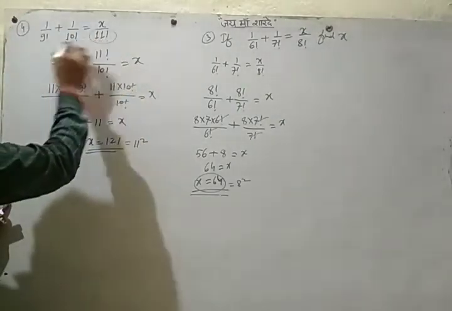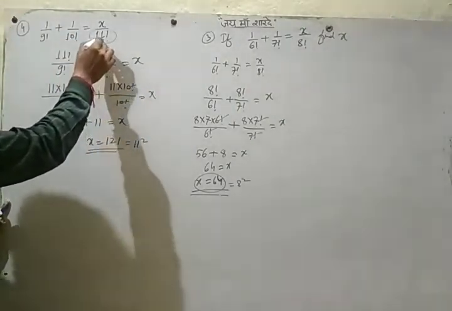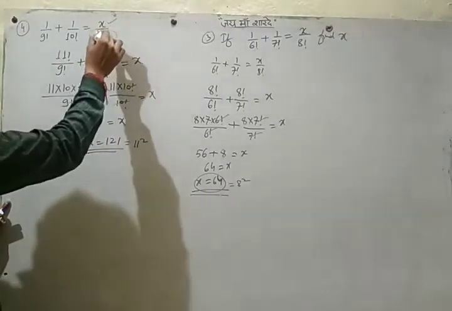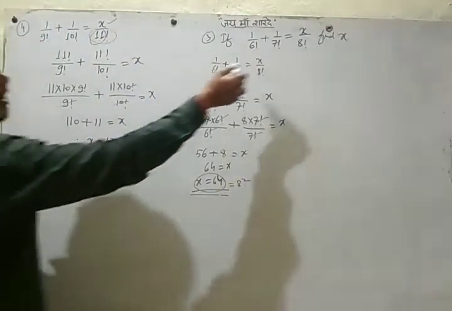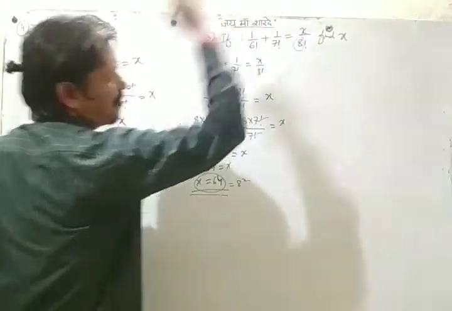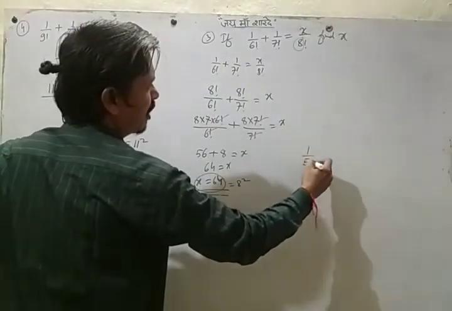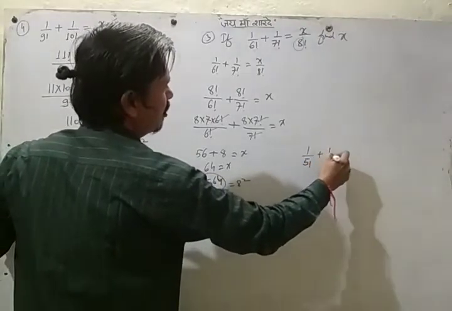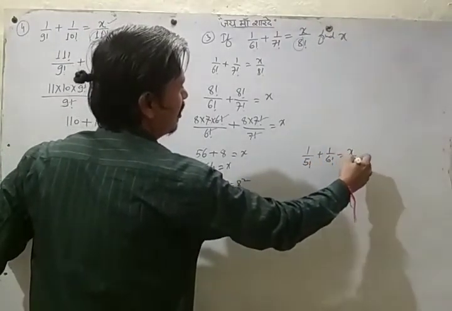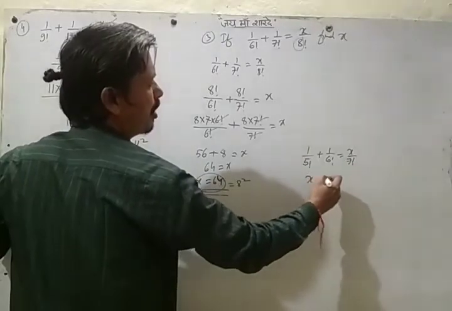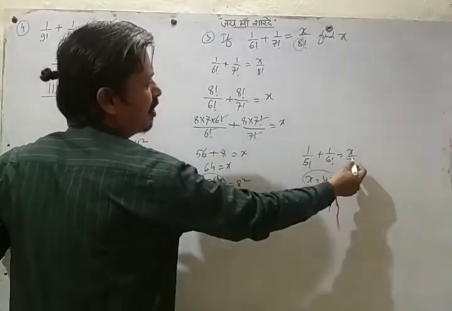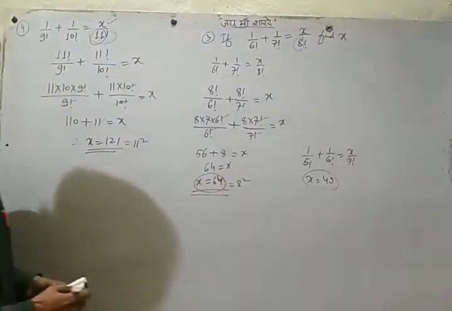Whatever number is here, if there are 3 continuous numbers, then the value of x will be its square. Okay? What should be the answer for 1 by 5 factorial plus 1 by factorial 6 equal to x by factorial 7? So its answer will be x is 49, 7 square.